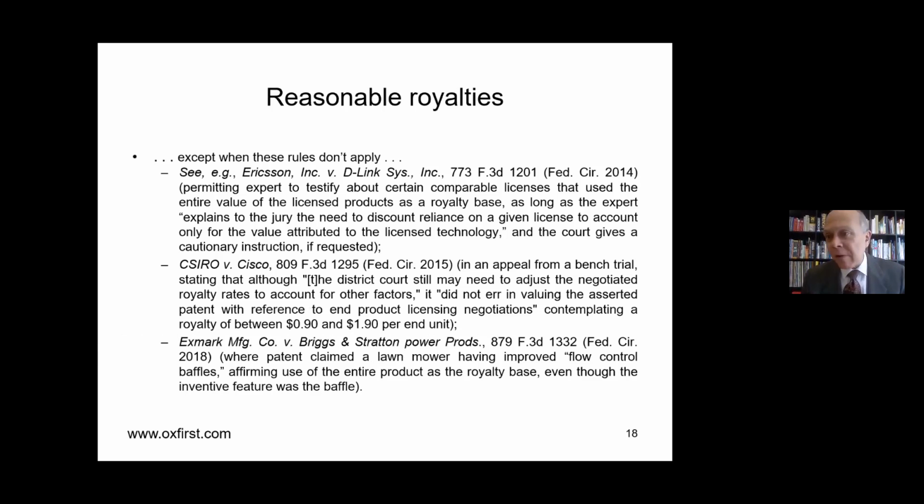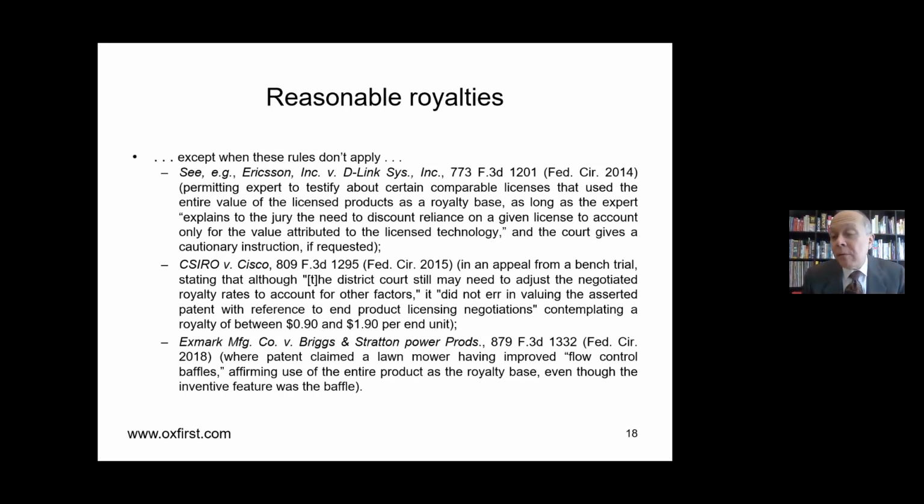And one other case I will mention in this vein, the Federal Circuit's 2018 decision in Exmark versus Briggs and Stratton, where the patent actually claimed a lawnmower having improved flow control baffles.